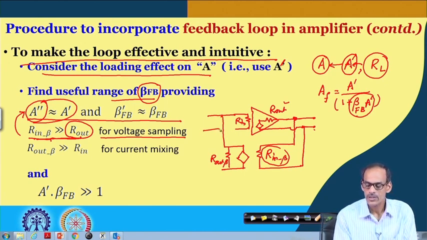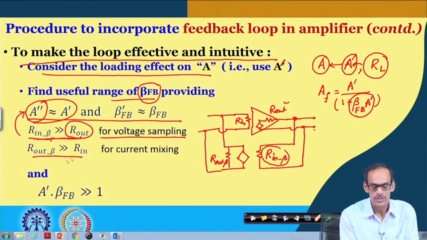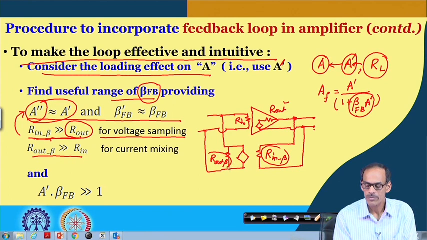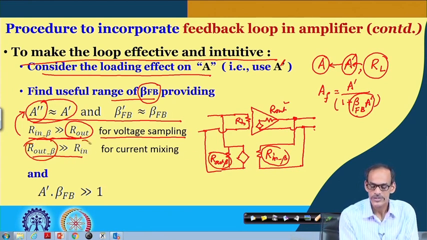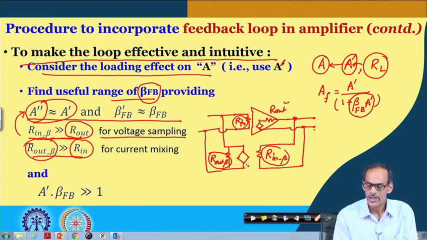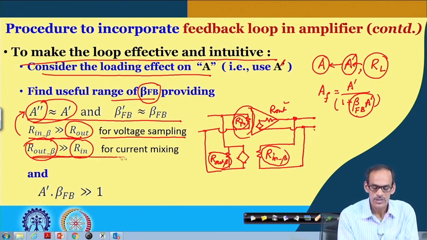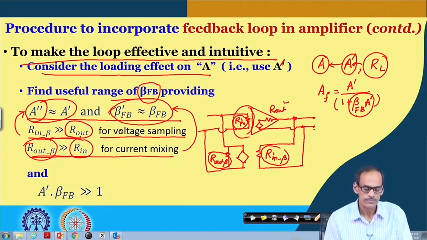If I consider this shunt mixing or current mixing, and if I say that this R out beta is much higher than the input resistance here, then you can say that the loading effect on the feedback network from the input resistance of the amplifier is ignorable. Hence if I satisfy this condition, then we can say that beta f b dash is approximately equal to beta f b.